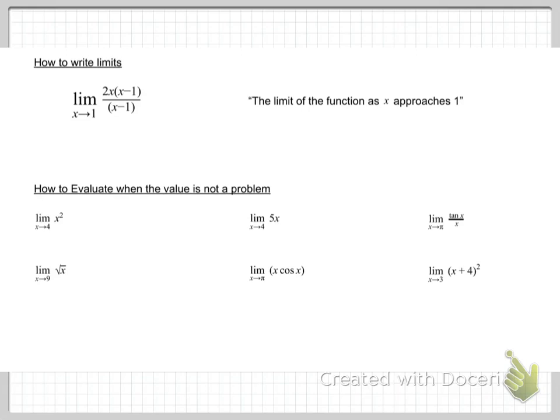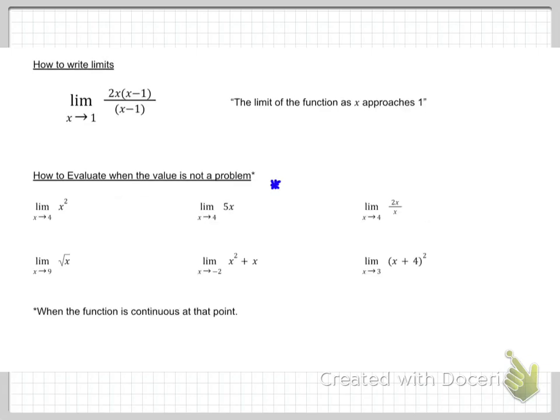Let's evaluate some of these though, because you want to know how to evaluate these when the value is not a problem. Now, what do I mean by that? In other words, that function up above, 1 is a problem because it's not in the domain. You can't actually plug in 1 into the function. But there are tons of limits where the limit is simply the value at that point.